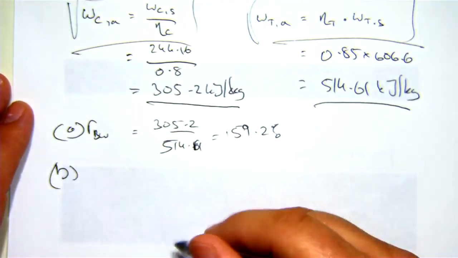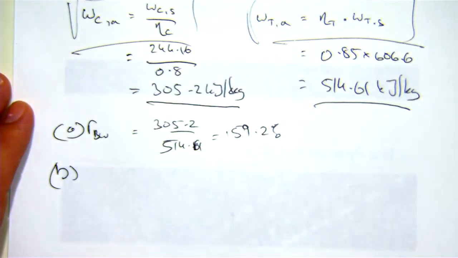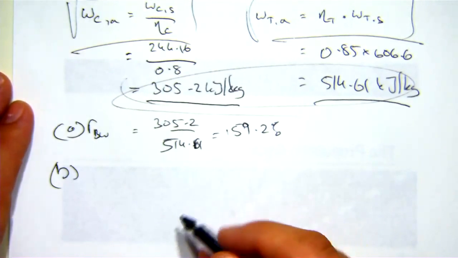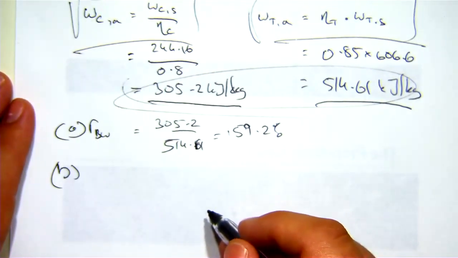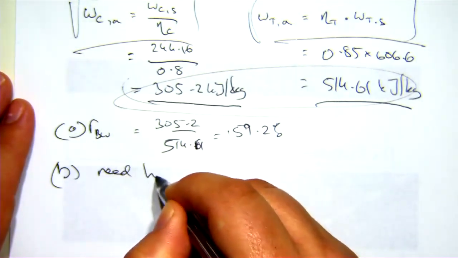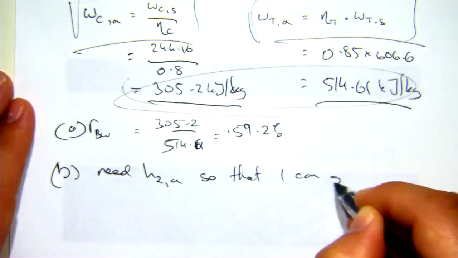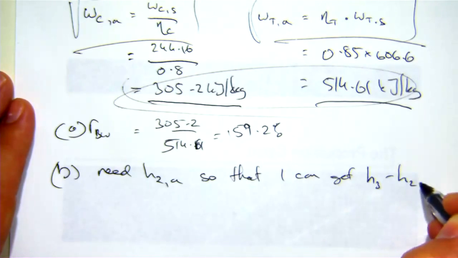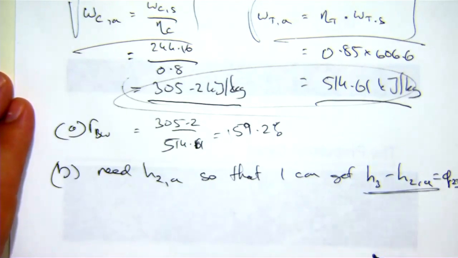For B, to solve B, I need the heat input. So I've got the net work out, and I'm going to need H2A so that I can get H3 minus H2A equals Q23. So the heat input is this guy.